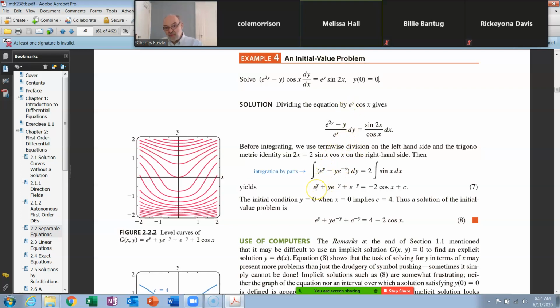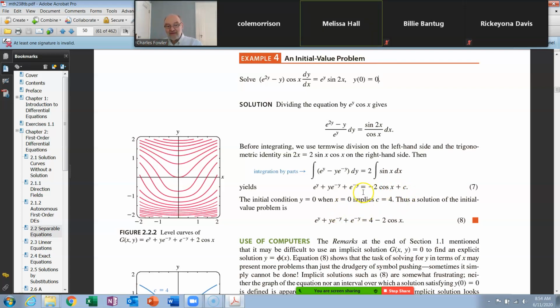Well, e^0 will be 1 plus 0, that's going to be 0, plus e^(-0), which is 1 over e^0, which is 1 over 1. So this side gives you a 2. This side gives you 2 times, and the cosine of 0 is 1. So you have a minus 2 plus c.